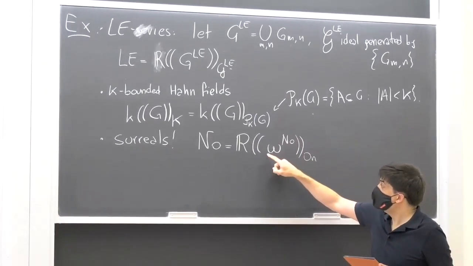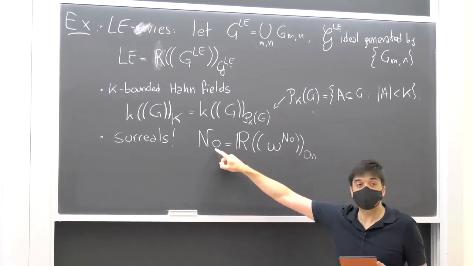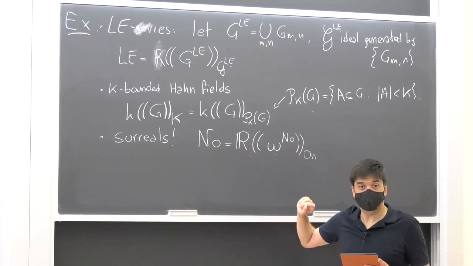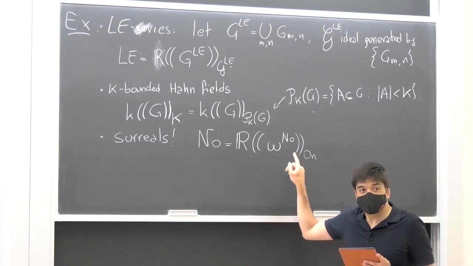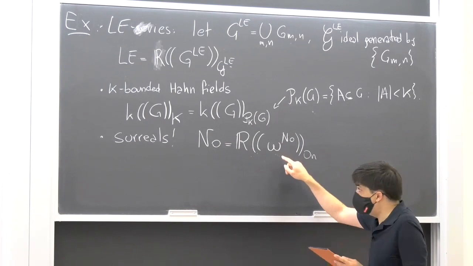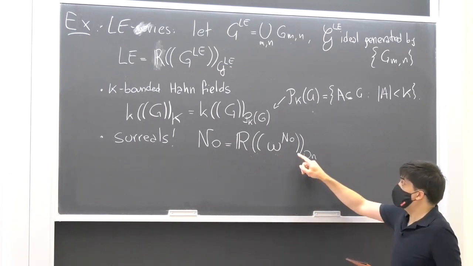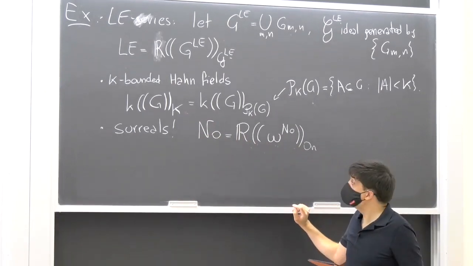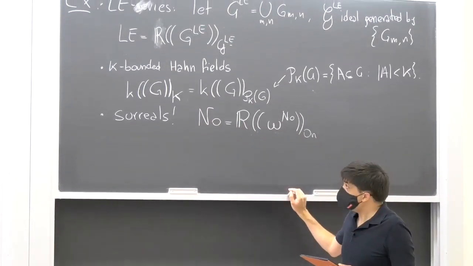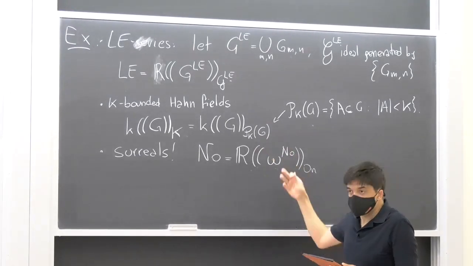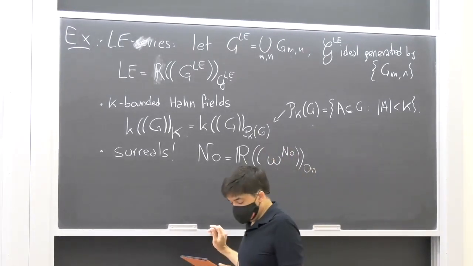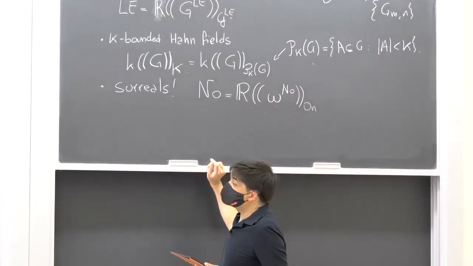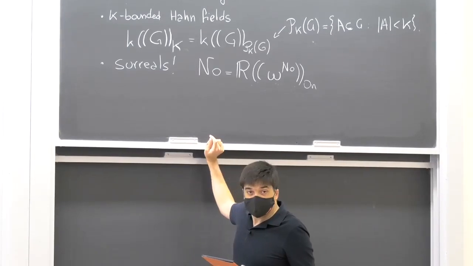Because the only series that are allowed to appear in surreal numbers are the ones whose support is a set and not a proper class. So there is an implicit bound on this, and I can write this in the same style as we write kappa-bounded series. Anyway, the good thing is that with this kind of object you can do exp and log, so it works. That's for part one.